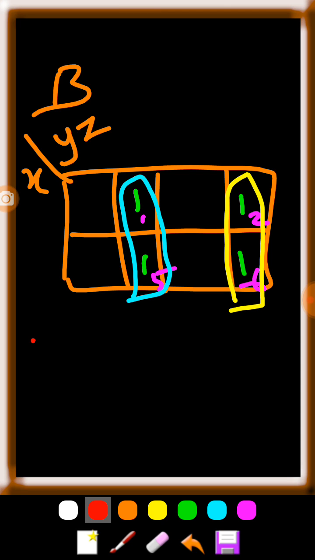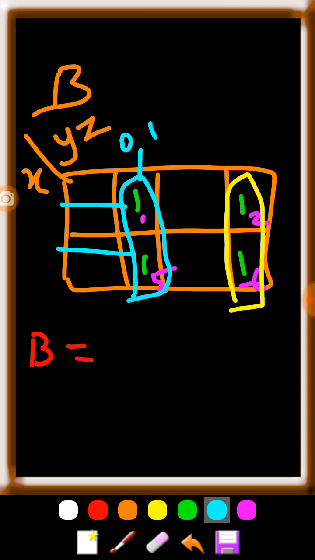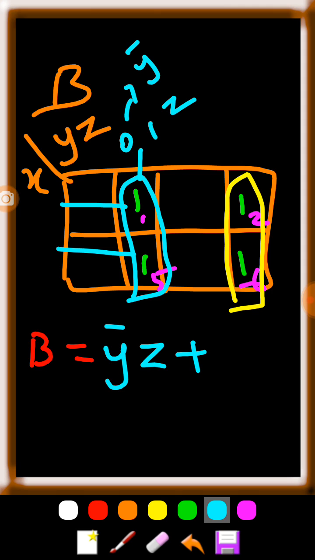So the expression for B will be equal to, for this group x value is varying here, so leave the x, and if you expand here, the value of yz is 0, 1, so this is y bar and this is z. So the expression is y bar z.